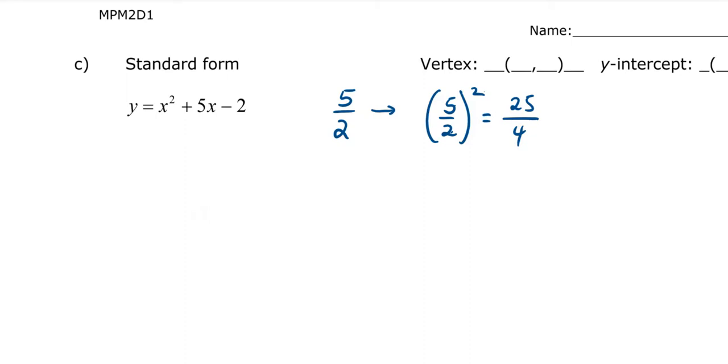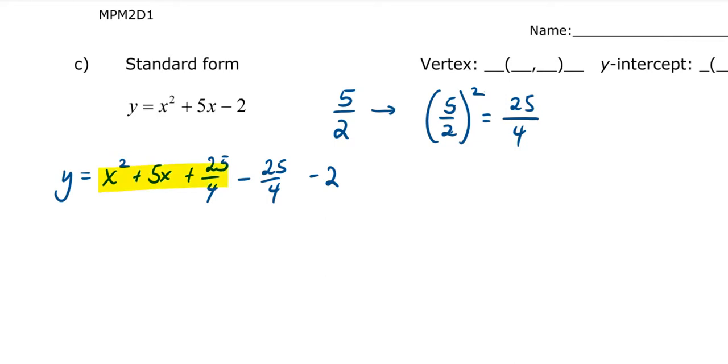So I can rewrite my standard form as y equals x squared plus 5x plus 25 over 4 minus 25 over 4, and then your minus 2 at the end. Now, it may not be obvious, but this is a perfect square trinomial, these first three terms. How do I know? Well, break it down, right?